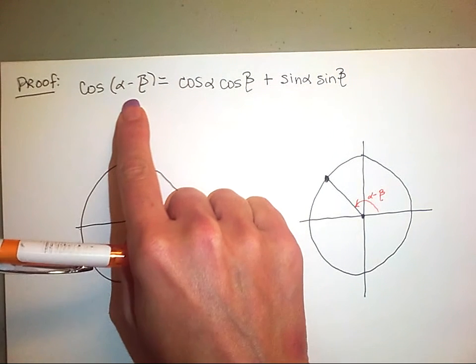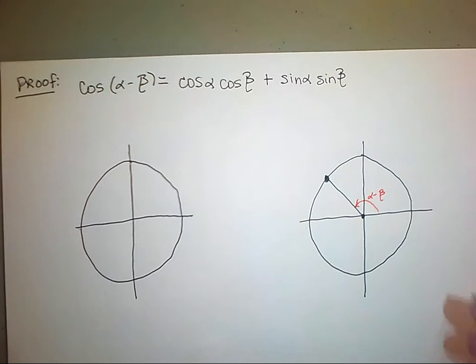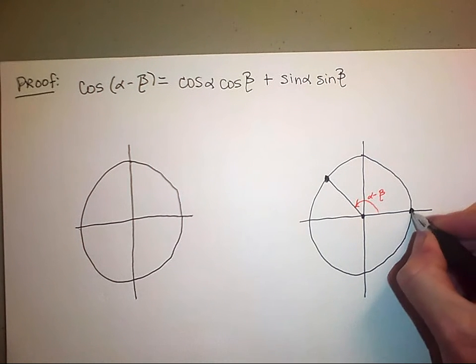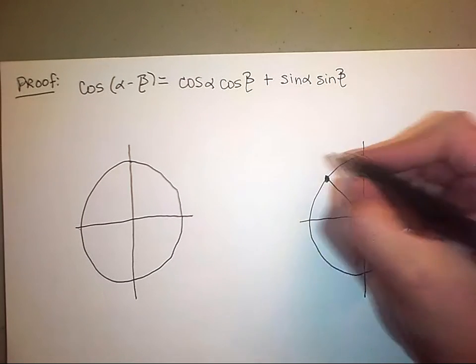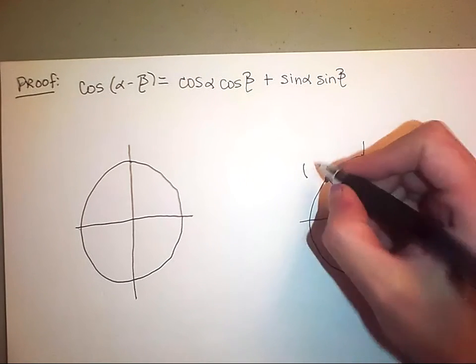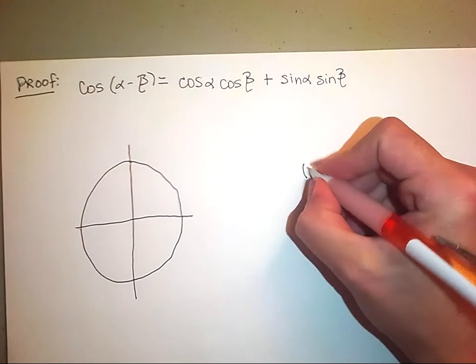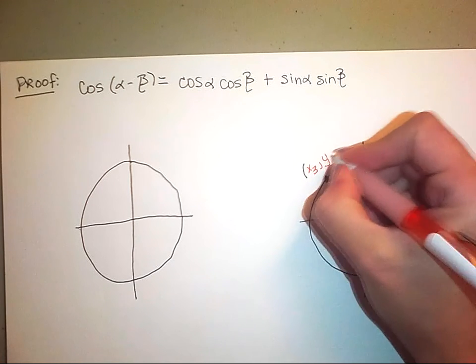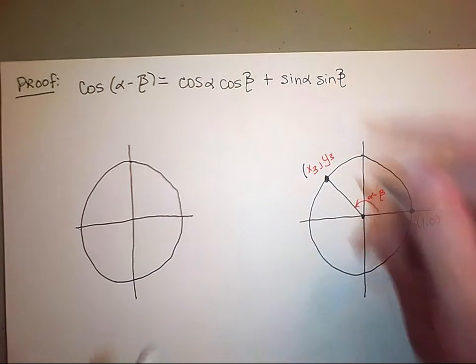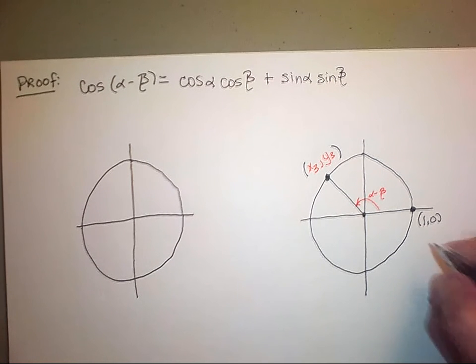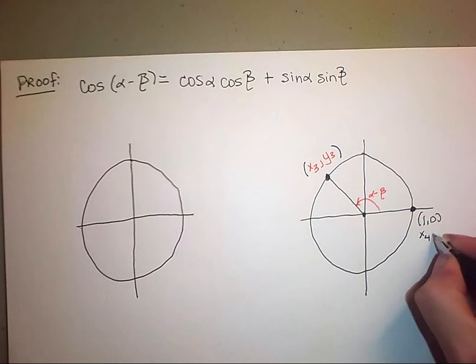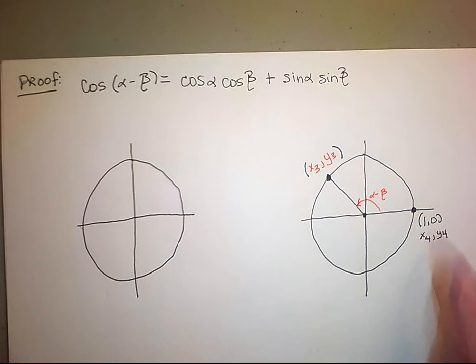So that's the angle we're trying to work with here. Now, there would be some point here. This is the point 1, 0. And I don't know what this point is, and we're going to label it as x3, y3. You'll see why in a moment. We could call this x4, y4 if we wanted to. We just happen to know what these coordinates are.